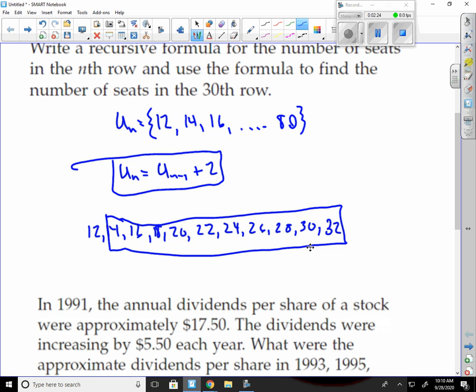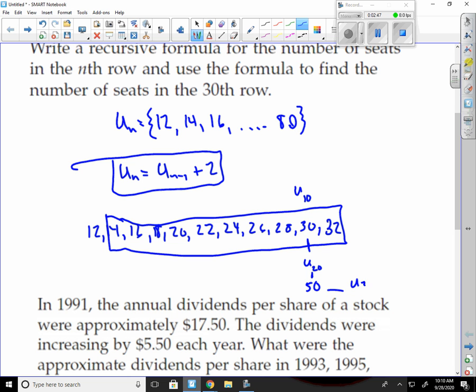Or if I'm looking at the end of every, so like that's the 10th, or u sub 10, u sub 20 is then going to be adding 18 seats or 20 seats onto this. So that's going to give me 50.